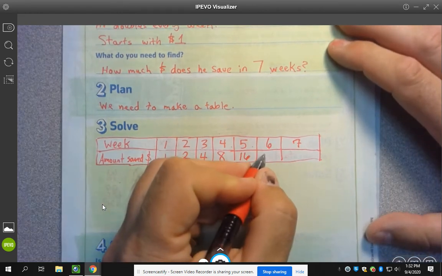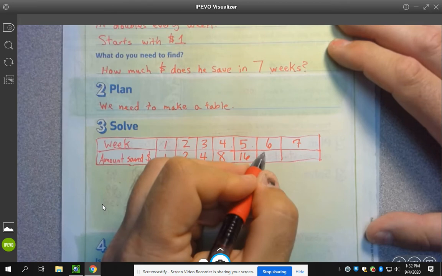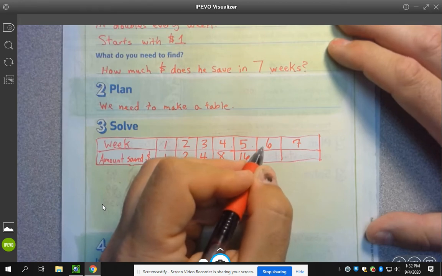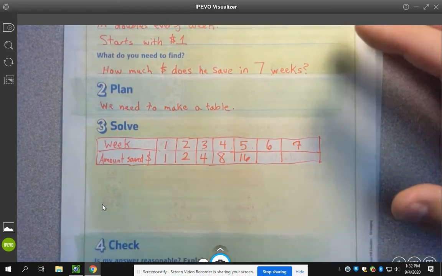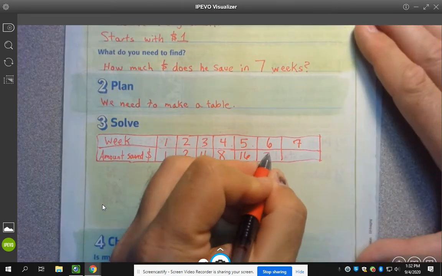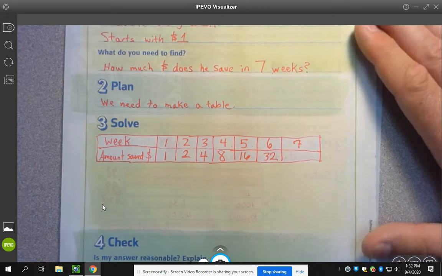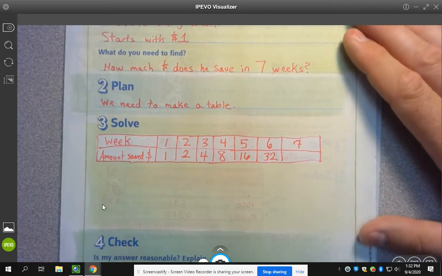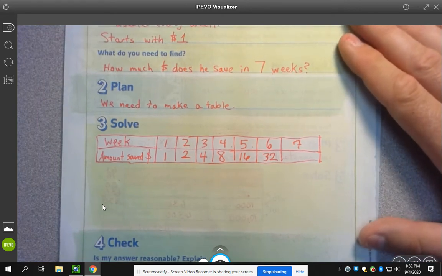Close. She's got it. You know that 6 plus 6 is 12, so there's going to be a 2 on the end, right? So what is it going to be? 32. Yep, 32. And Sailor, who has her captain's hat on, what is 32 doubled?